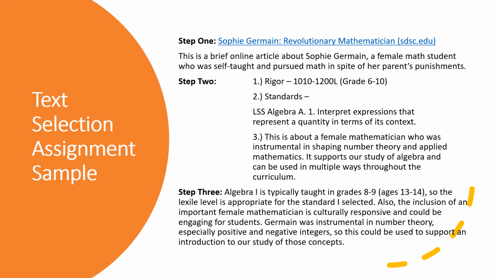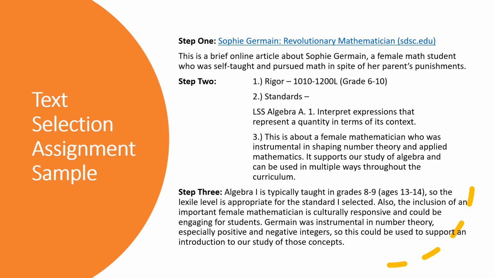Step three would be that justification. Algebra 1 is typically taught in grades 8 and 9. Some students take it in grade 10. This is about age 13 to 14. Again, some students take it at 15, depending on their progression. So the Lexile level is appropriate for the standard that I selected.